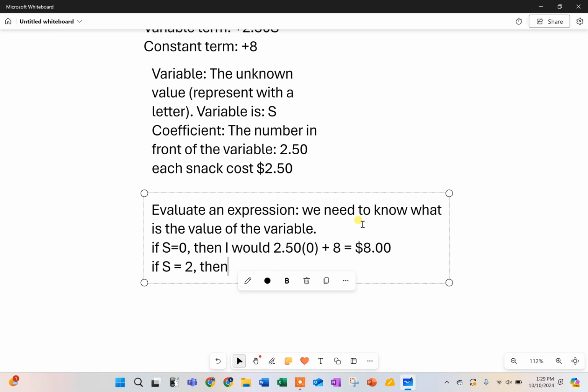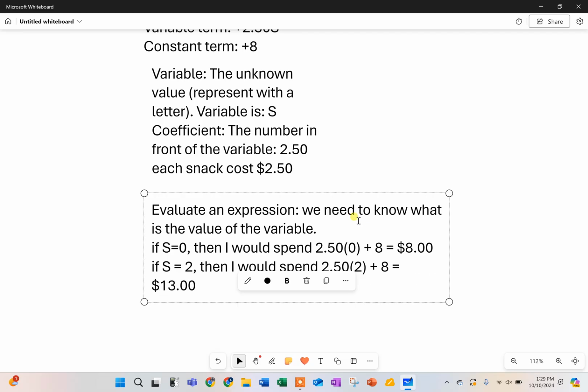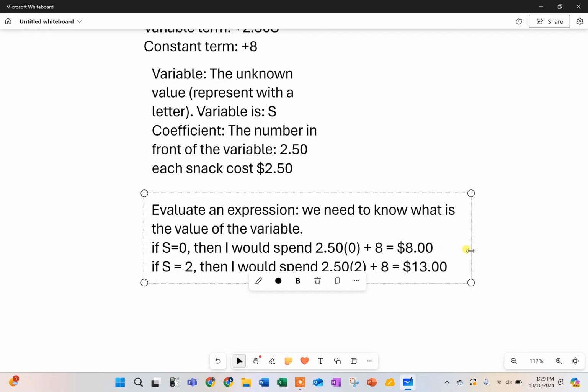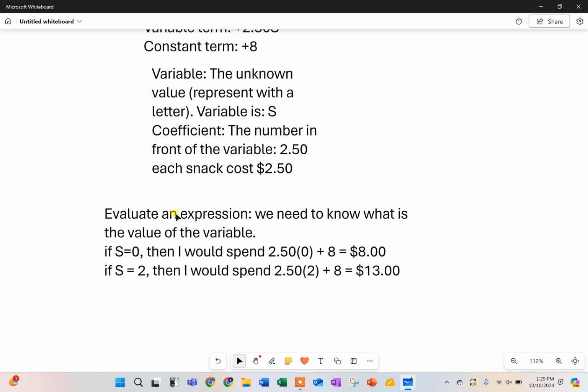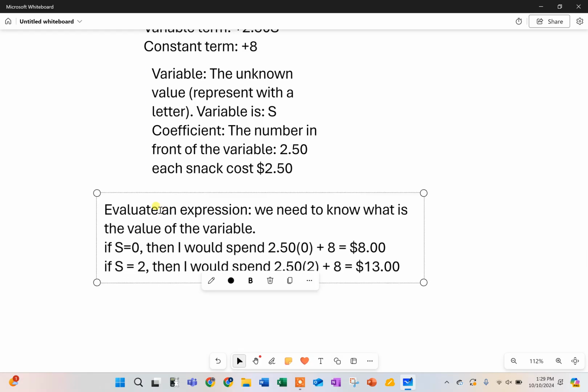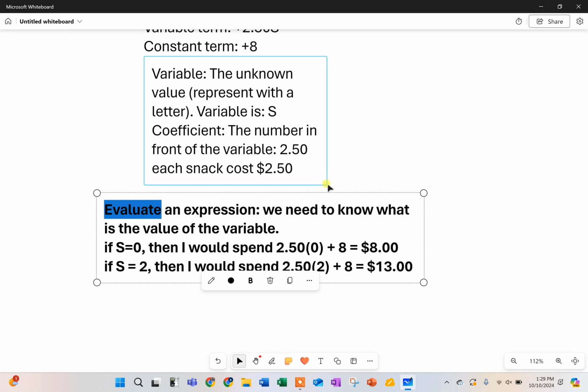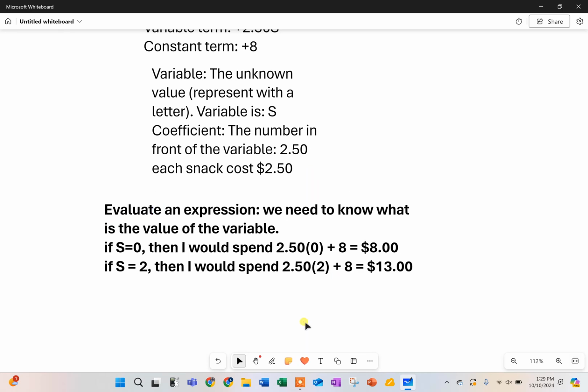Then I would spend 2.50 times 2 plus 8, which is $13. So when you are evaluating an expression, the key word here is evaluate. You are finding the value of that expression.